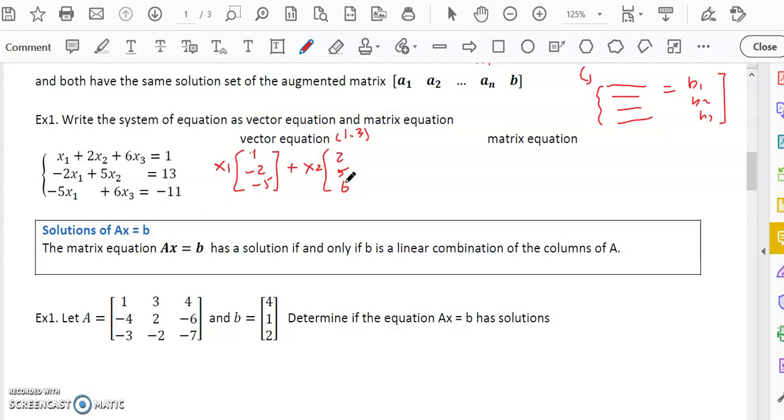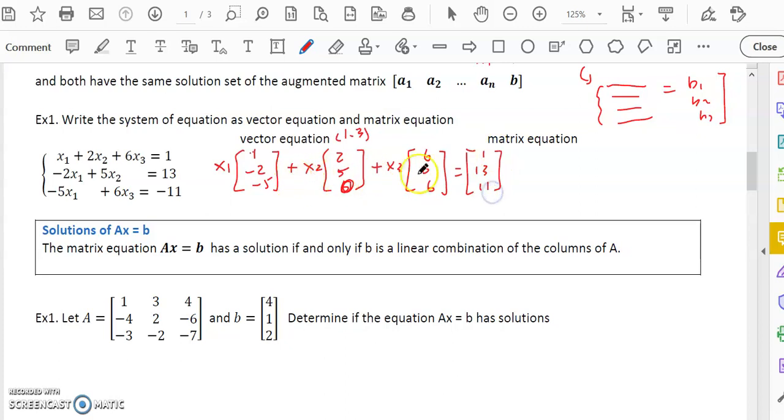So no, 2, 5, 0, right? 2, 5, 0 because there's no x2. So basically, look at all those coefficients as a column vector, and then x3 would be 6, and then this one has no x3, so it's 0, 6, and it's supposed to equal this new vector 1, 13, 11.